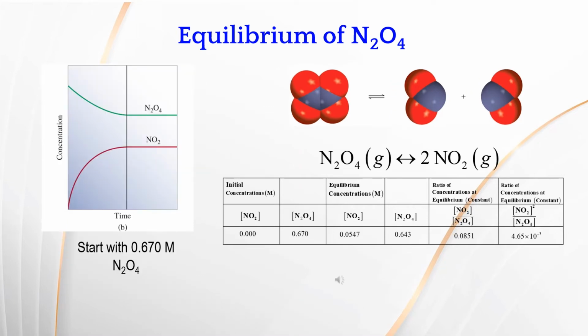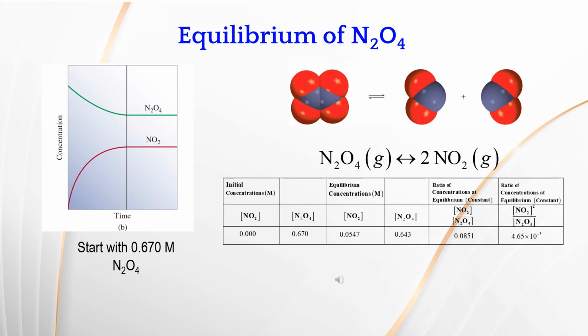Now, let's look at the experiment result for the initial concentration of nitrogen dioxide as 0 and dinitrogen tetraoxide as 0.670. Over time, we can see changes in the concentrations of the reactant and the product. The equilibrium concentration for nitrogen dioxide is 0.0574 and for dinitrogen tetraoxide is 0.643.